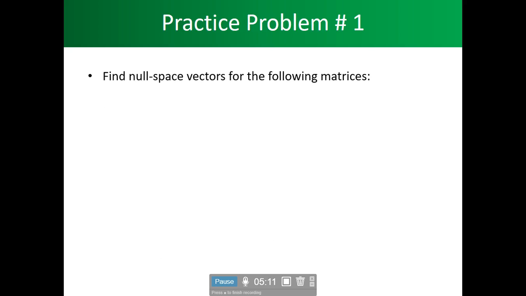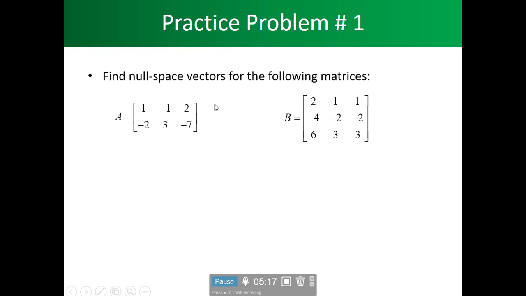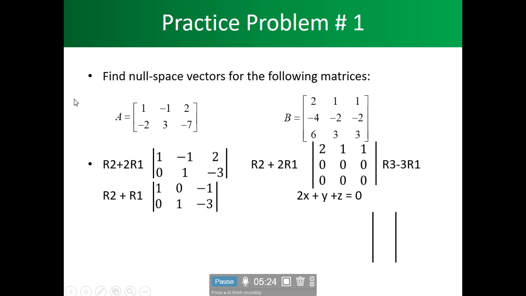Okay, let's look at this first practice problem. We're going to be looking at two different matrices. We're going to be looking at matrix A, and we're going to be looking at matrix B. Okay, so let's take a look at this one. B is the easier one, so let's look at B first.